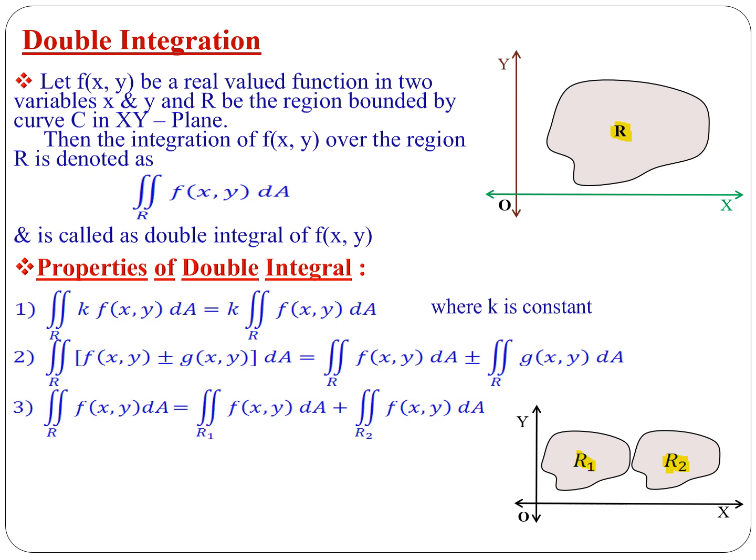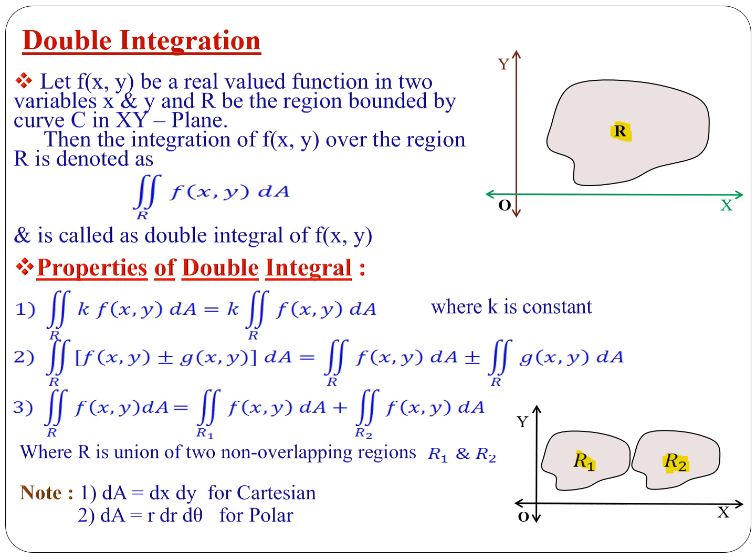Then the property is: the integral of f of x y dA along the region R is equal to the integral of f of x y dA along R1 plus the integral of f of x y dA along R2. So the sum of the integrals along these two regions is equal to the total region integration.